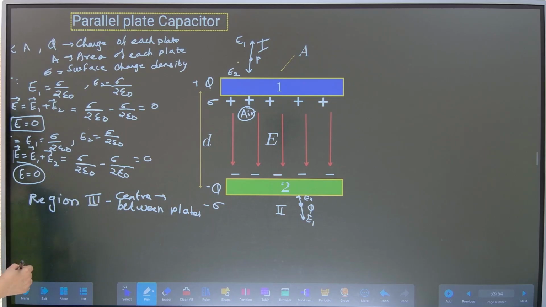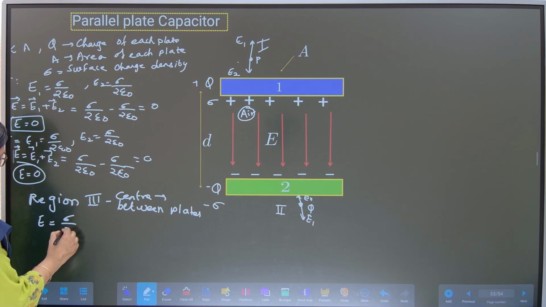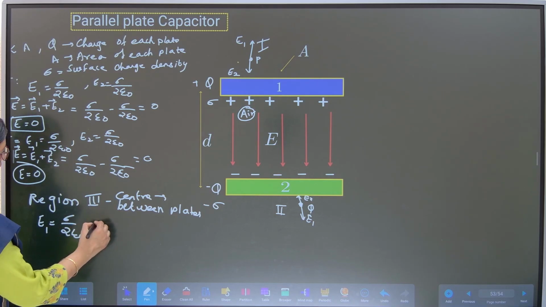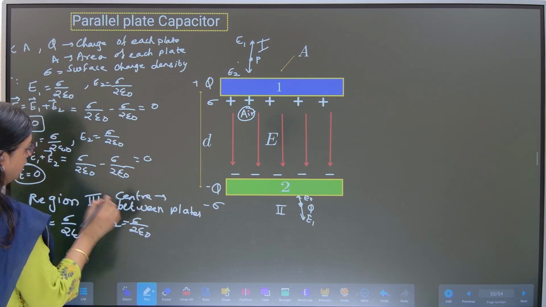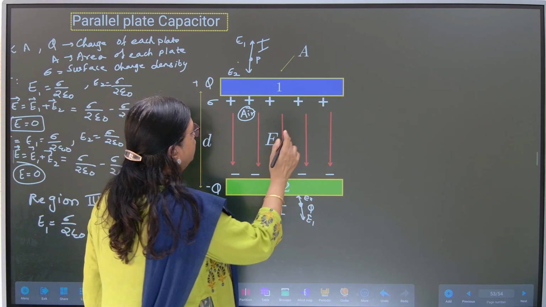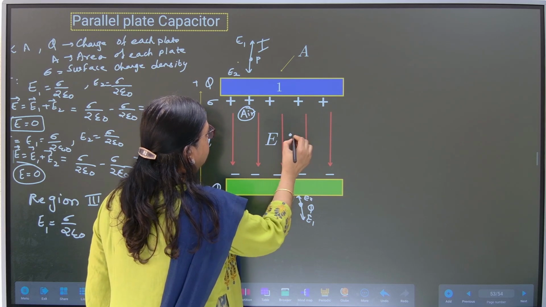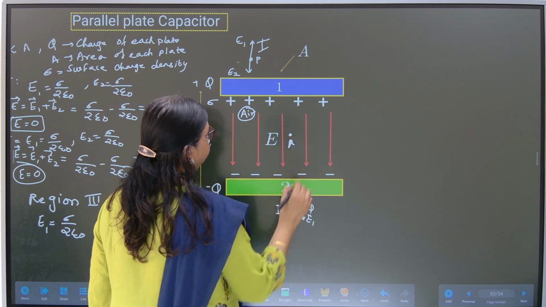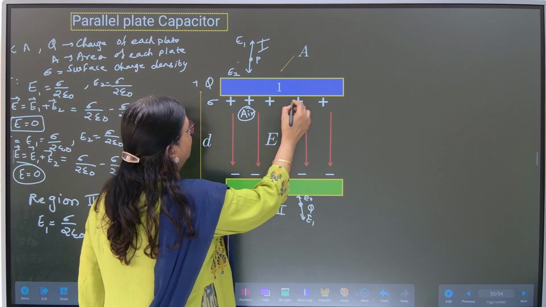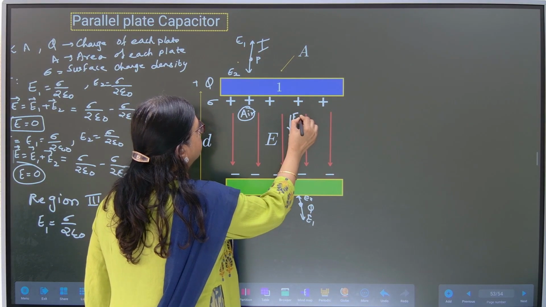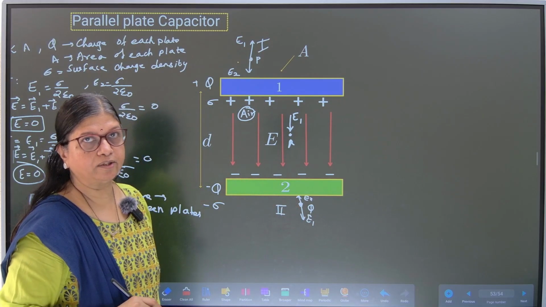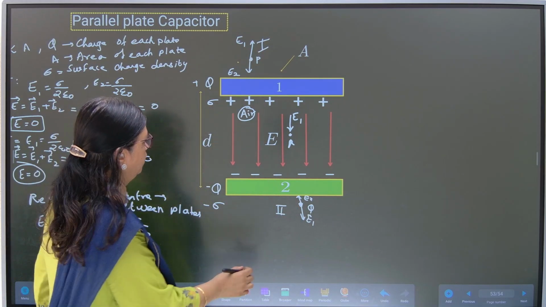So now what can we write for E1? E1 is equal to sigma upon 2 epsilon naught. E2 is also sigma upon 2 epsilon naught, that we already know. But we have to find the direction of E1 and E2 at a point, say R, between the plates. E1 is from the positive charge towards the point.